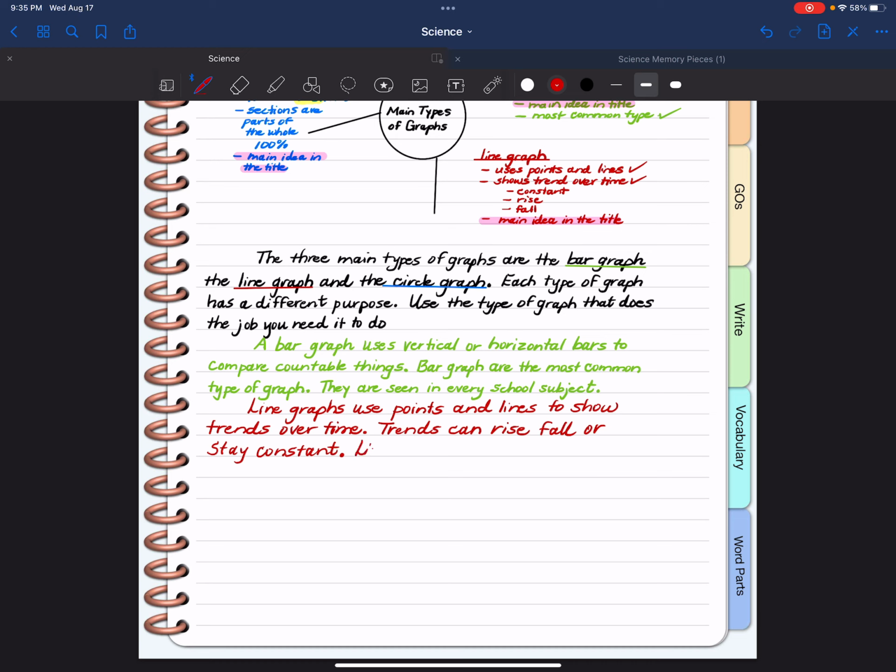Line graphs are common in science, social studies, and math.